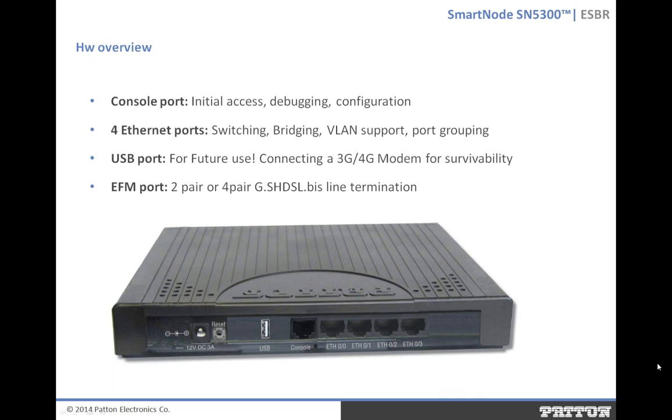Good. Moving on and giving a closer look at the hardware of the 5300, as you can see illustrated here, it comes with 4 Ethernet ports. The 4 Ethernet ports can be independently configured, so it's up to you how you want to use them.